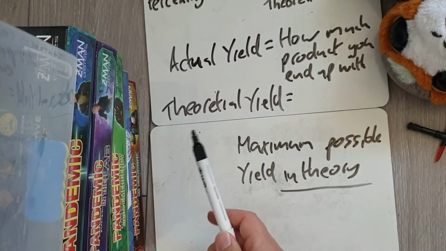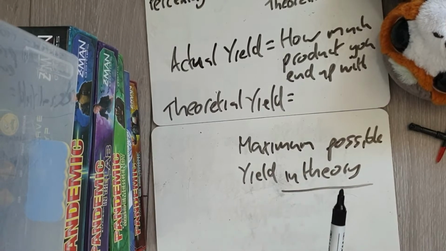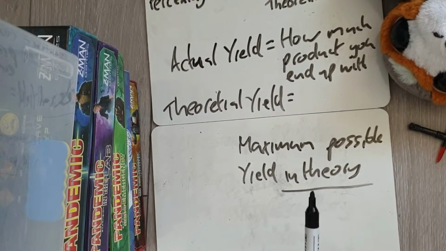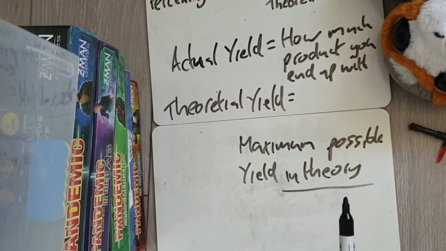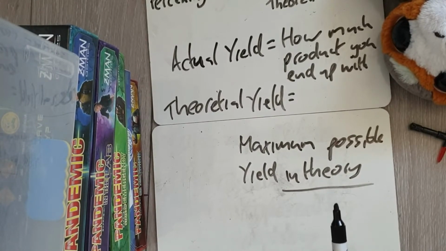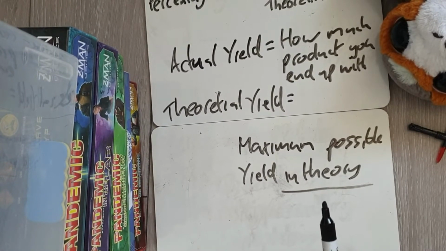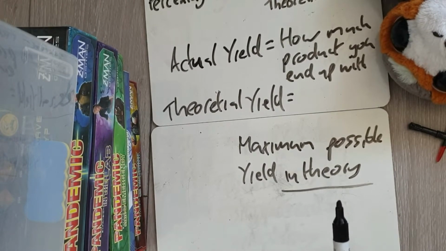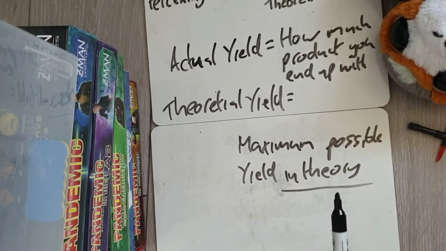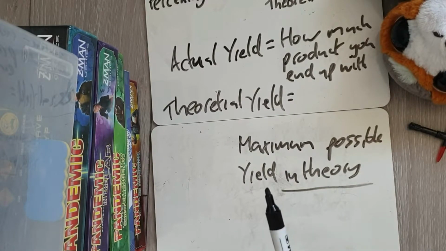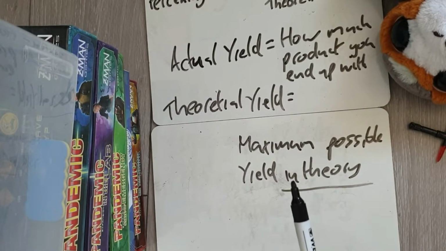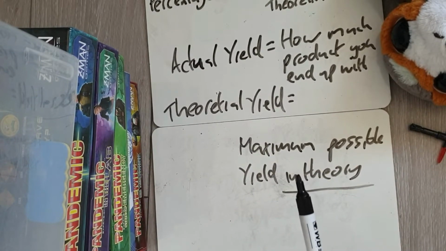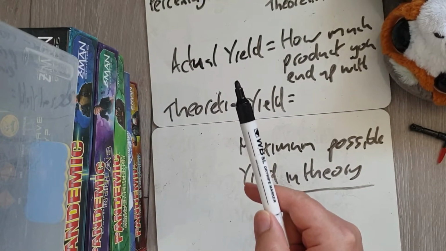So in theory, as in, if absolutely every single last atom you put in reacted, and not only did they all react, but you also managed to get them all out of the beaker or the big container that you were doing it in. Not only did you not spill any, but you managed to get them all out at the very end, and they have absolutely all reacted down to the last atom. That is the maximum you could have got in theory. So theoretical yield is the maximum that you could have got, potentially, and the actual yield is what you actually got.